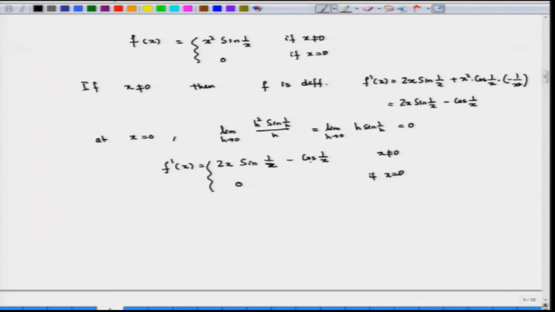So, f prime is not continuous at x equal to 0. So, here is a function which is differentiable everywhere and yet f prime is not continuous.